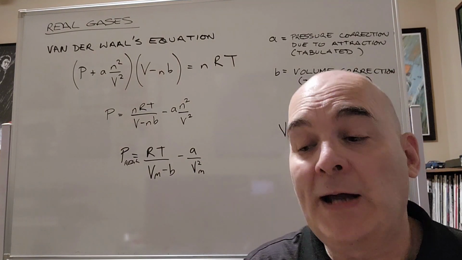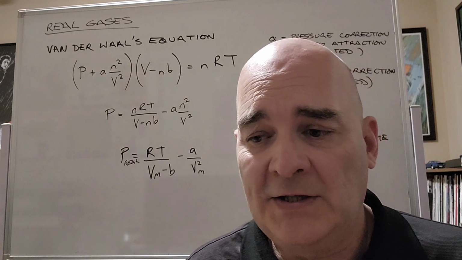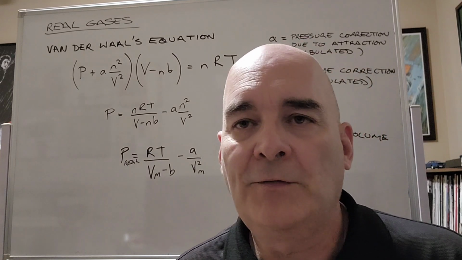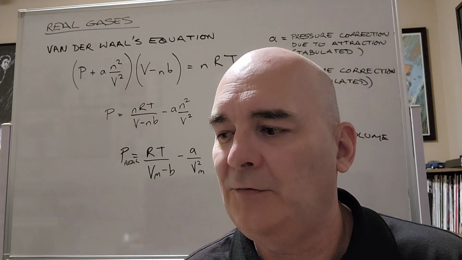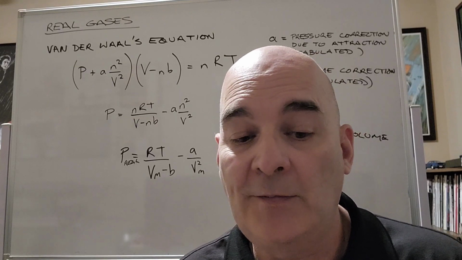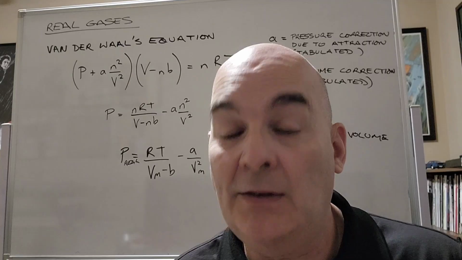Okay, and the fact that this knowledge is 150 years old means that the values of a and b have been tabulated for a long time, they've been tried and tested, and they work.